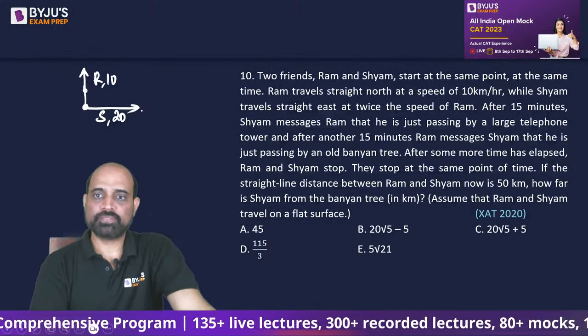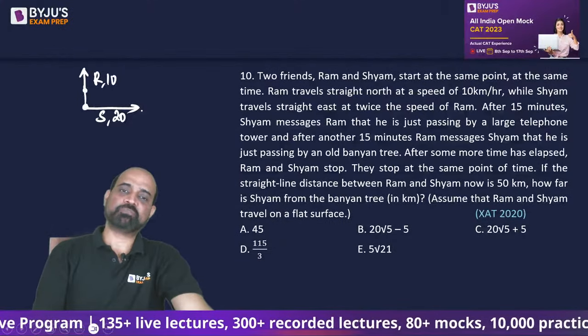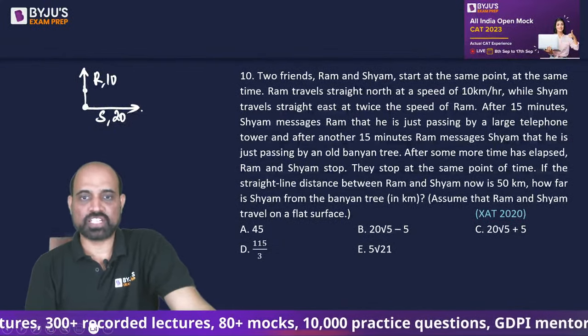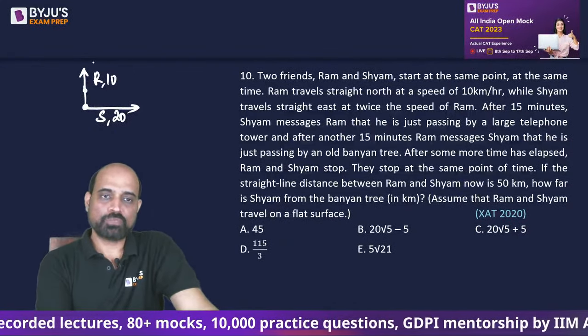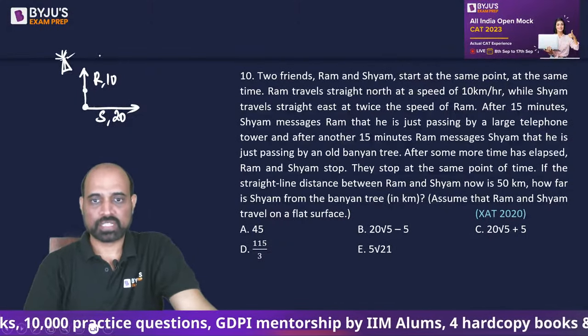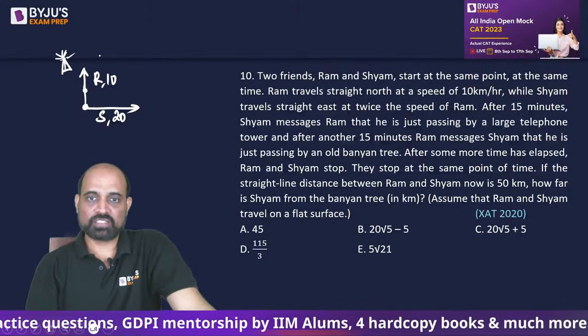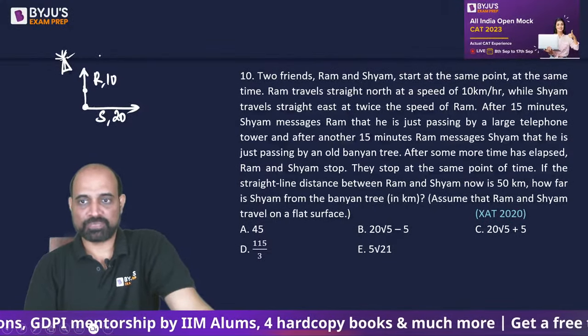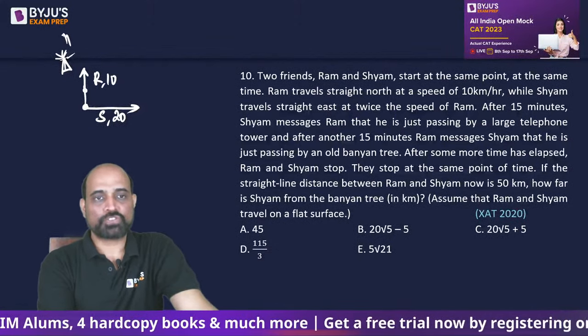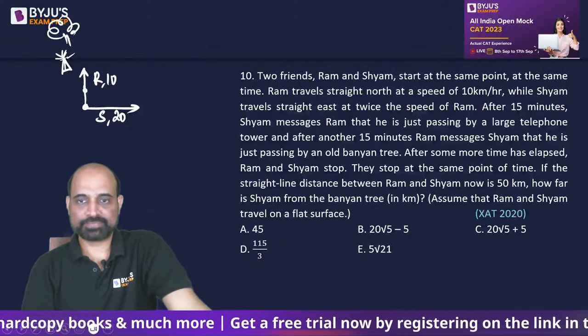So this is 20. After 15 minutes, Shyam messages Ram that he is just passing by a large telephone tower. So एक telephone tower से pass करते हुए गया. And after 50 minutes, Ram messages Shyam that he is just passing by an old banyan tree.